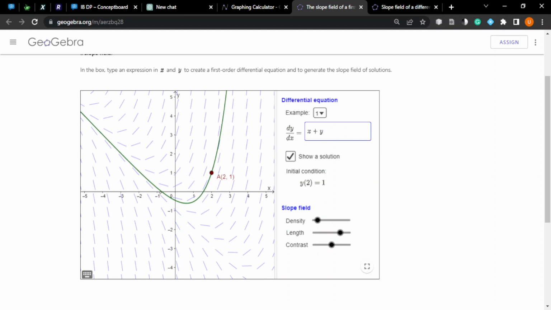That function represents a graph, right? And how can we do that without doing the integration or anti-differentiation? We can plot the slope field, and if we know the initial condition, then we can move along the slope field, and that line will represent a function. That is the solution of our differential equation.